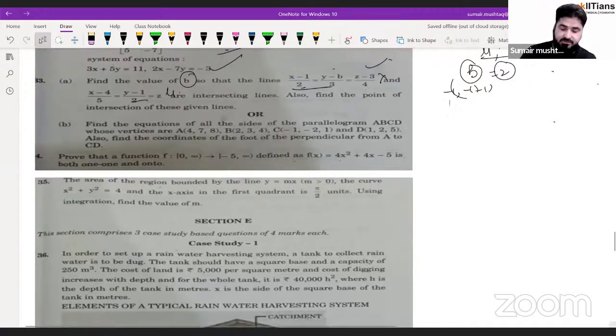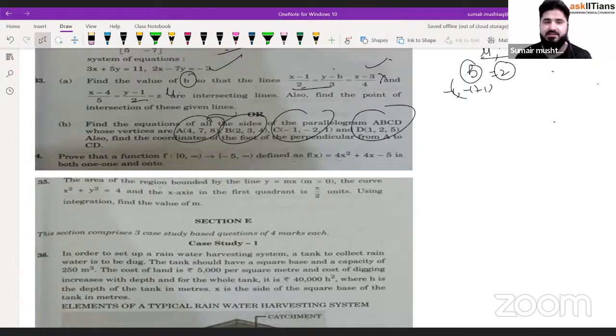Now the next question to be discussed is this. Find the vertices of a parallelogram ABCD, by finding the lengths AB, BC, CD, and also find the coordinates of the foot of the perpendicular.